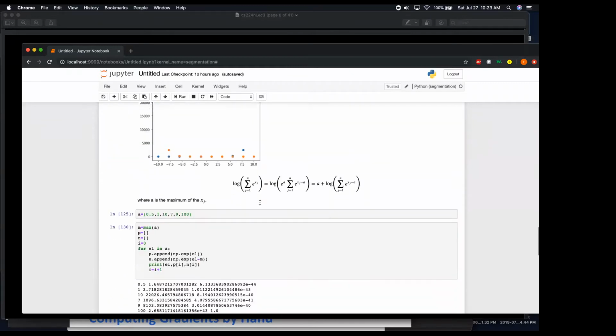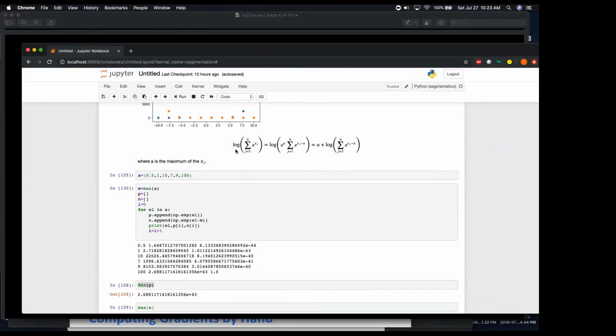This is the same thing: you're just adding in e power a and e power minus a, so those cancel each other out. But then this is the log of a product. You can write that as log of e power a plus log of the other term, and you end up with something like this. You're doing xj minus a, where a we said we would pick as the maximum of whatever the numbers are.